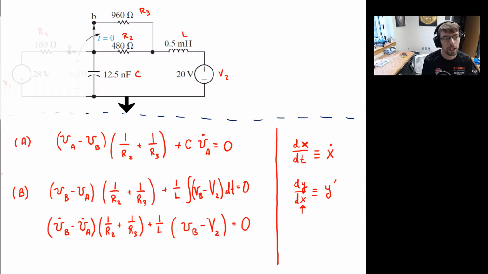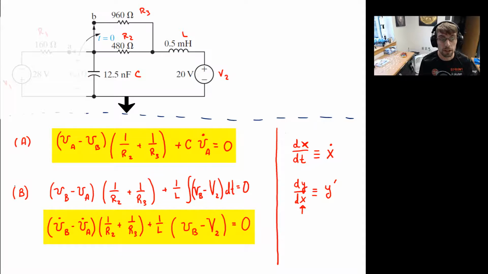We have two equations here and here that we can now use to get, say, for example, one of the time varying potentials by itself, VA or VB. Of course, once we have one, we can do the other one. Ready for it?